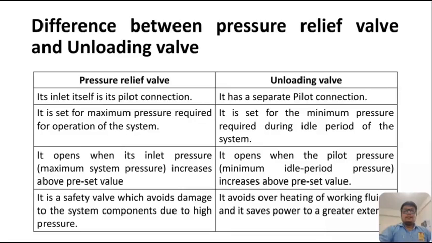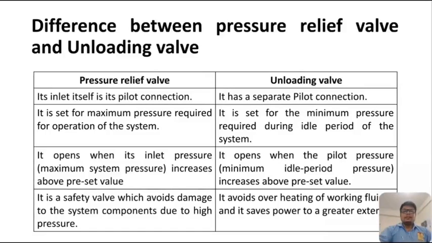The third difference: the pressure relief valve opens when its inlet pressure increases above the preset value, as we have already seen, but the unloading valve opens when the pilot pressure increases above the preset value. In the pressure relief valve, the maximum system pressure is controlled, and in the unloading valve, the minimum idle period pressure is controlled.